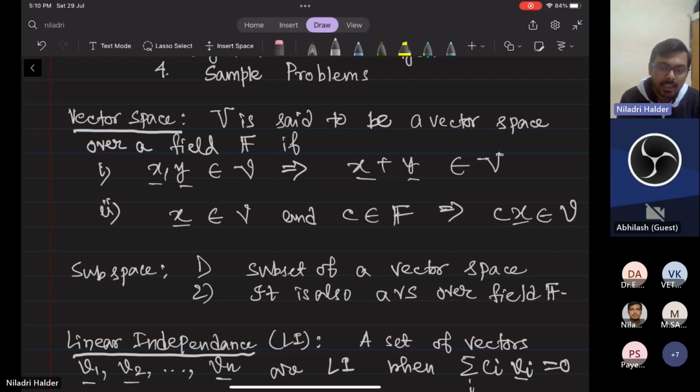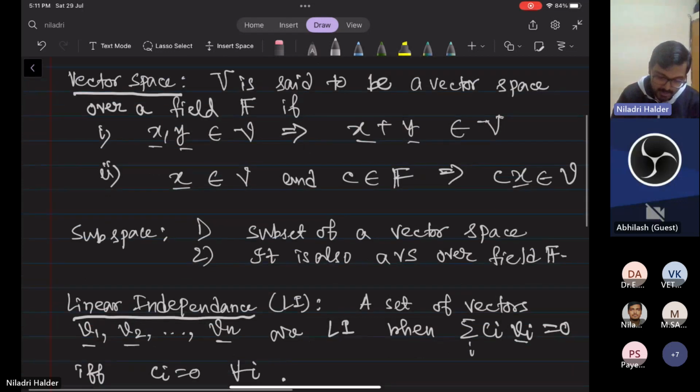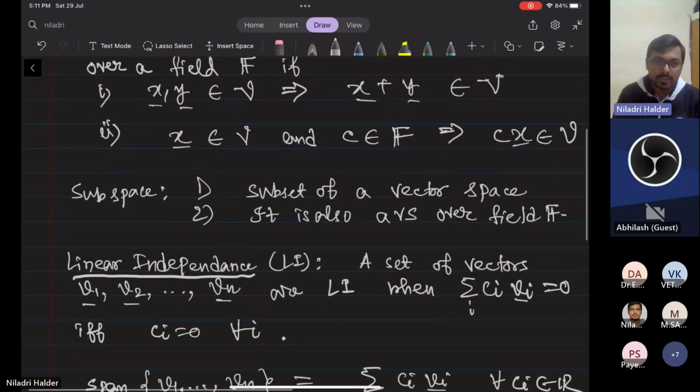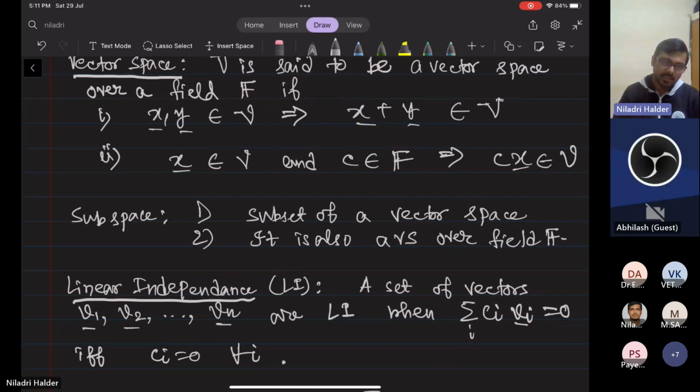One condition: if x and y belong to V, then x plus y should also belong to V. And if x belongs to V and c is a scalar in the field, then cx should belong to V. A subspace is just a subset of a vector space, and the second condition is that it should also be a vector space. VS means vector space.